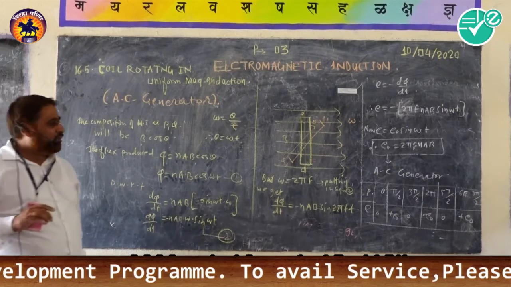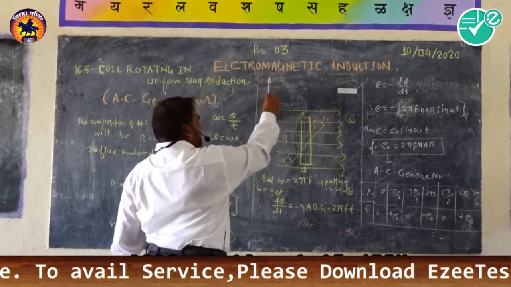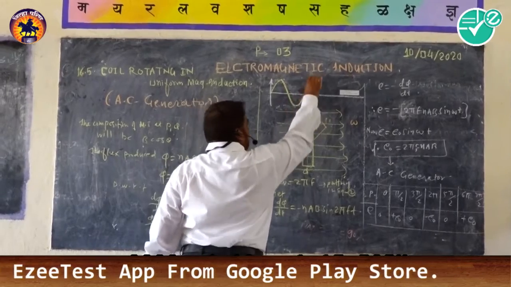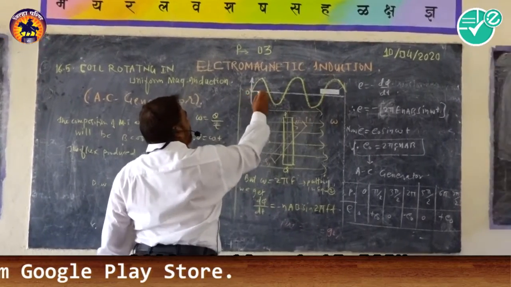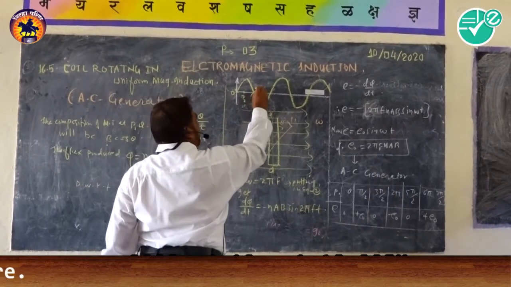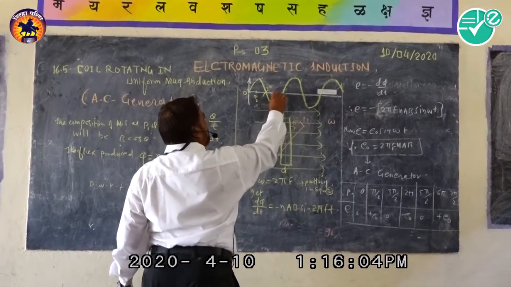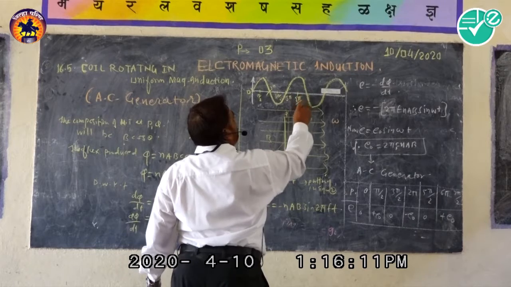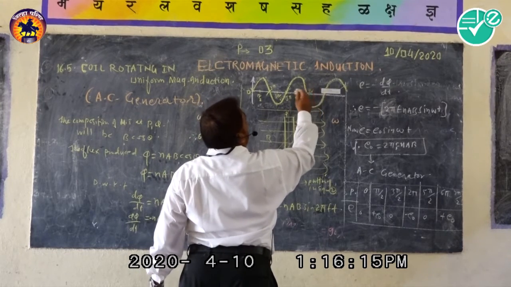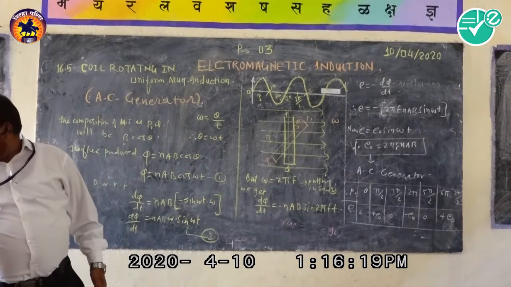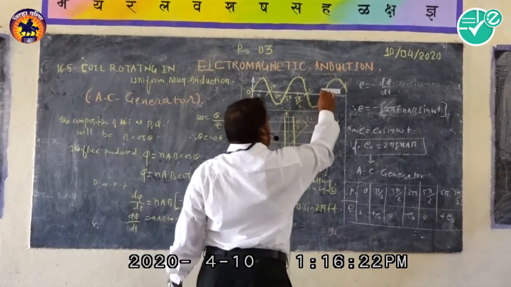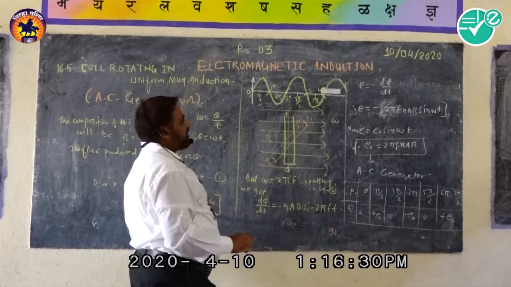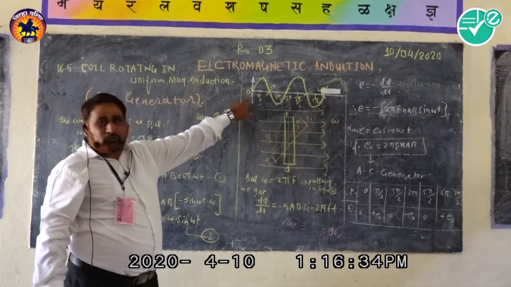If I plot the AC generator output here, the values will look like this, with the angles 0, pi by 2, pi, 3 pi by 2, 2 pi, 5 pi by 2, 3 pi, 7 pi by 2 and 4 pi, etc. In this way we can get the graph relevant to this AC generator.